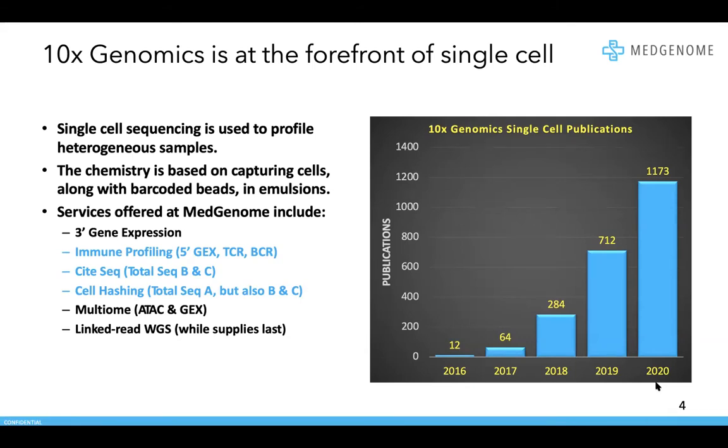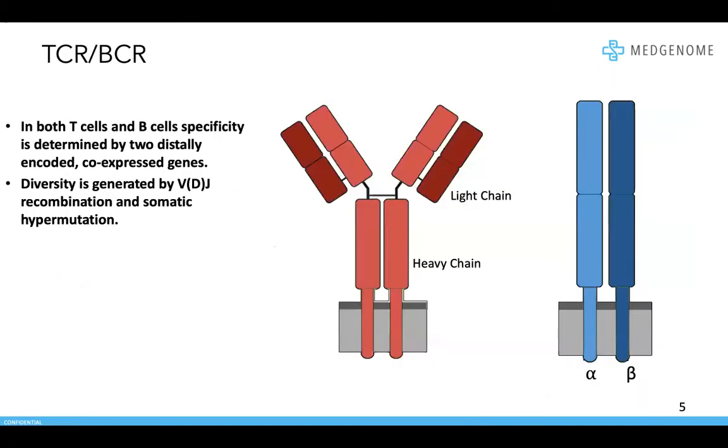With 10x Genomics, you can see every year more and more papers get published that reference single cell data, specifically from 10x Genomics. They are at the forefront of single cell kits and platforms. We also offer a Takara single cell kit, but I'm not going to be covering that in today's training.